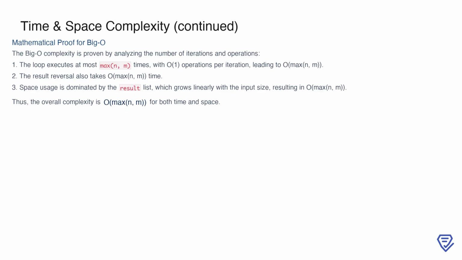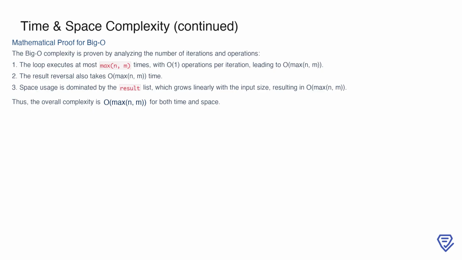After the loop, we reverse the result list to produce the final binary sum, and since the result length is proportional to the input size, this step also takes O(max(n, m)) time. For space complexity, the result list grows linearly with the input size, as it holds up to max(n, m) plus 1 digits, leading to O(max(n, m)) space. Auxiliary variables contribute only constant space and do not affect this analysis. Combining these observations, we conclude that the overall time and space complexity of the function are both O(max(n, m)).